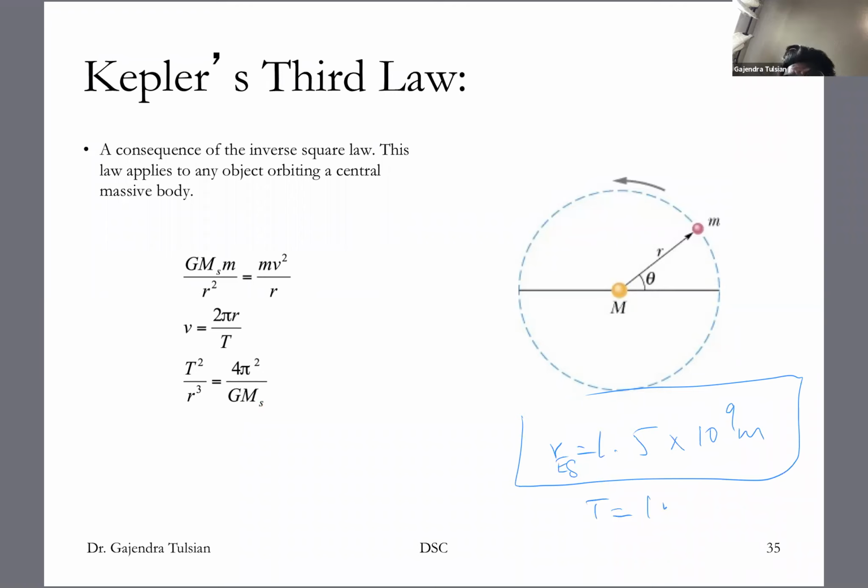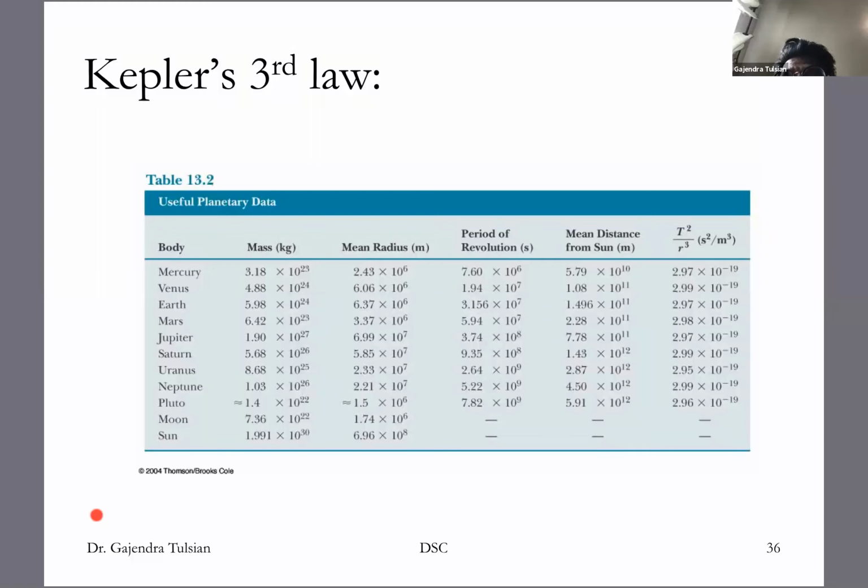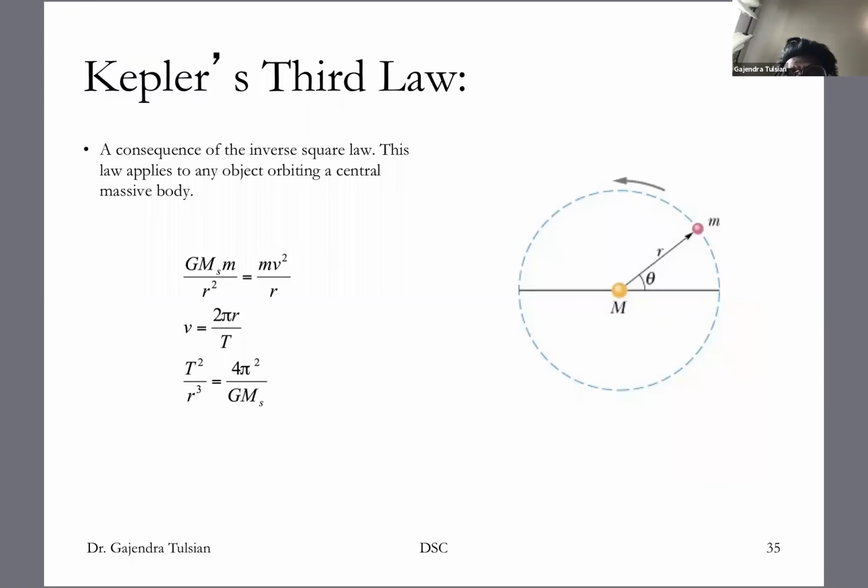So here's Kepler's law. What Mr. Kepler said was Kepler's third law states that T squared by R cubed is constant. You can calculate this ratio for all planets, and since the central object is the same, it should work out to be the same constant for all objects. Now Kepler didn't know this formula.